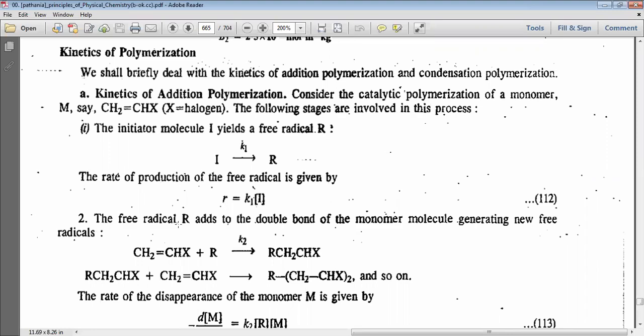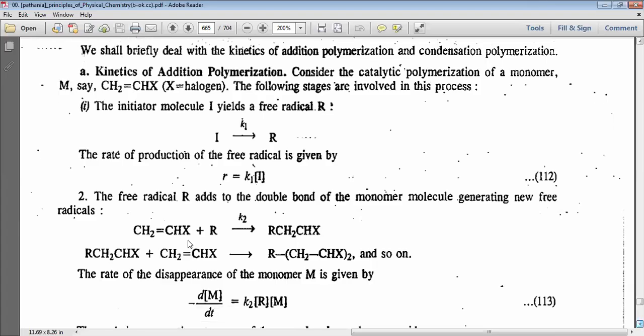Next step, the free radical R adds to the double bond of the monomer molecule to generate a new free radical, that is CH2 double bond CHX plus R, and the product R CH2 CHX, and the rate constant is K2.